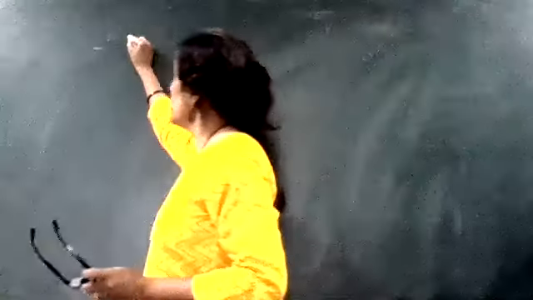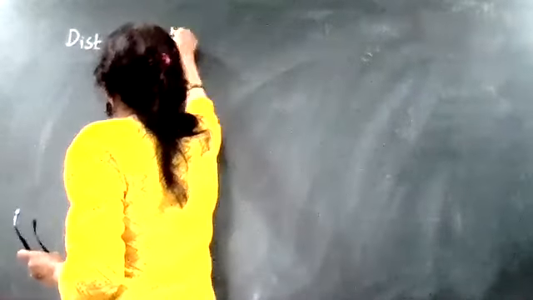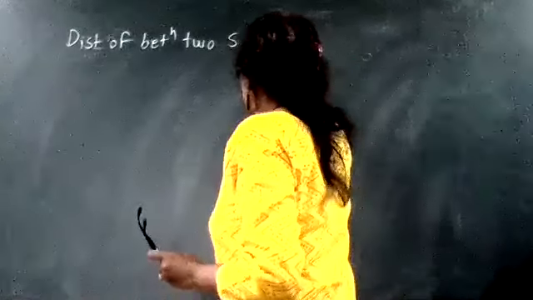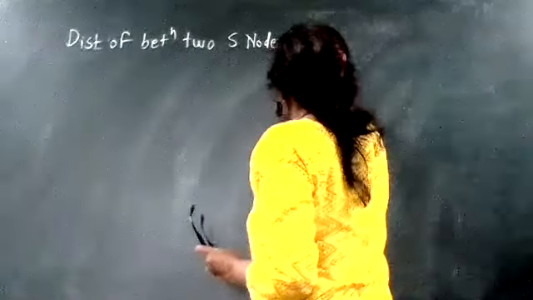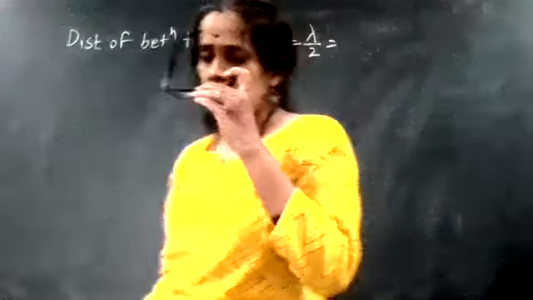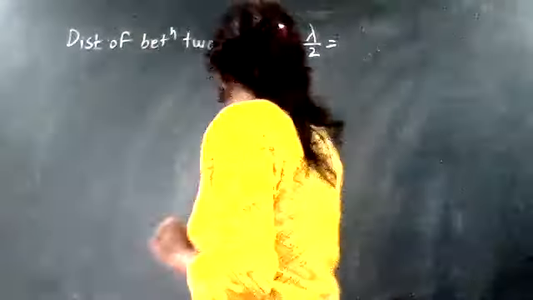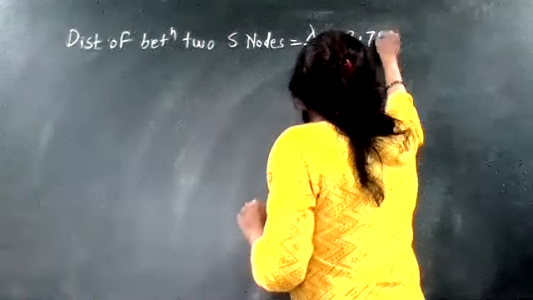Now distance between two successive nodes, you have that formula, distance between two successive nodes is nothing but lambda by 2. And this lambda by 2 distance is given as 3.75 centimeter.